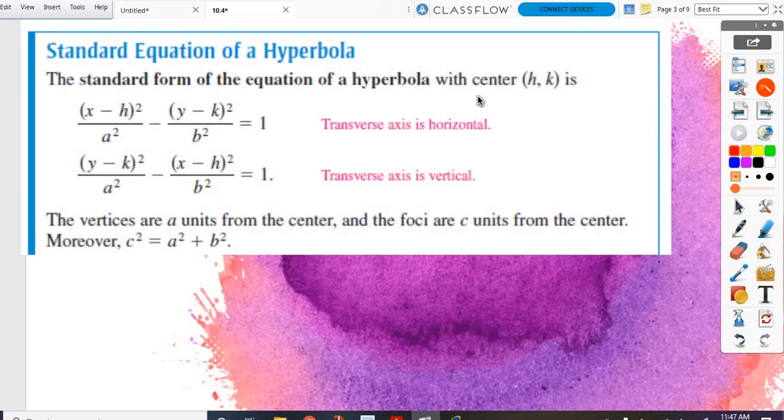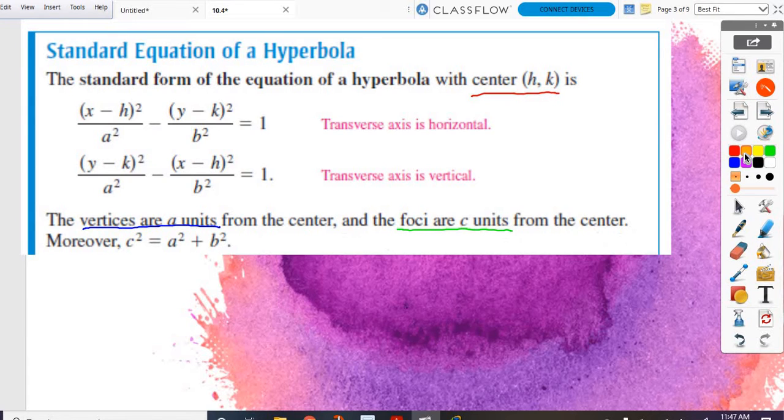Notice that my center is still at (h, k). The vertices, like we said, are A units from the center, and the foci are C units from the center.